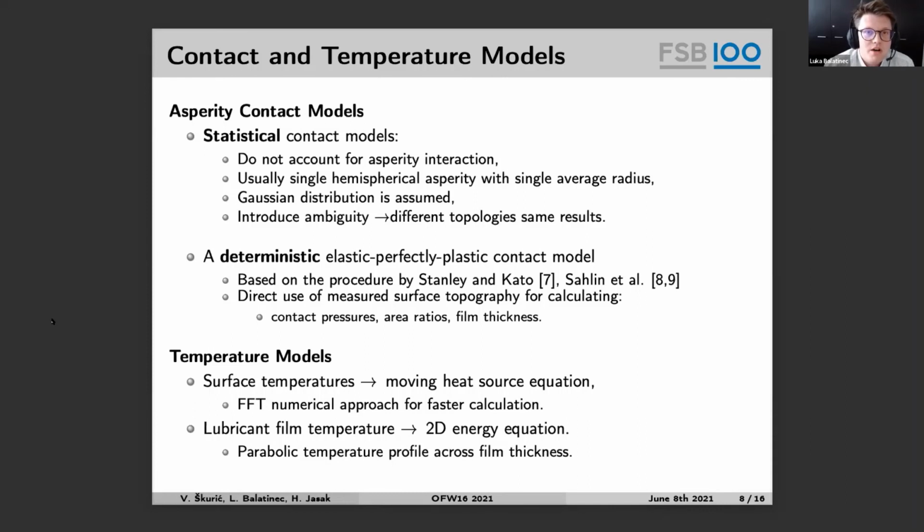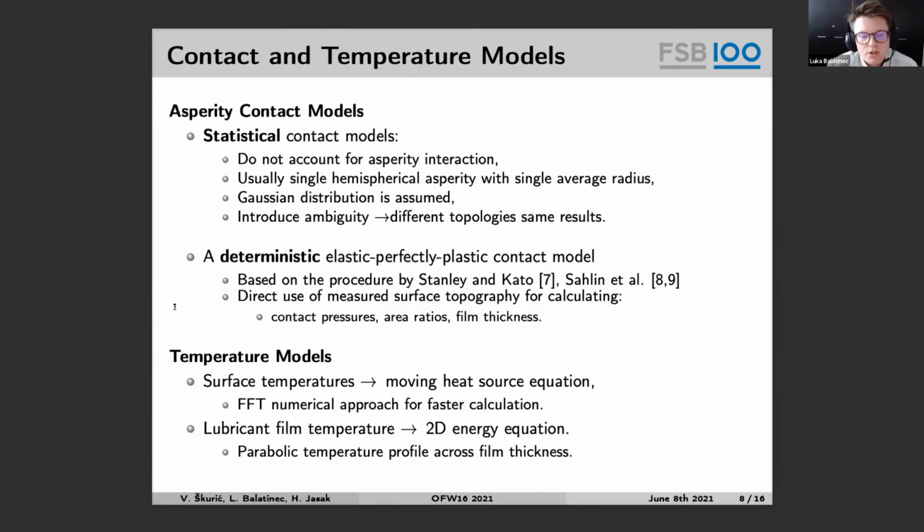This is why our lubricated point contact model is based on a deterministic, elastic, perfectly plastic contact model based on the procedure introduced by Sahlin et al. and Stanley and Kato. This means that it uses direct measurements of surface topology for calculating film thickness, area ratios, and contact pressures.